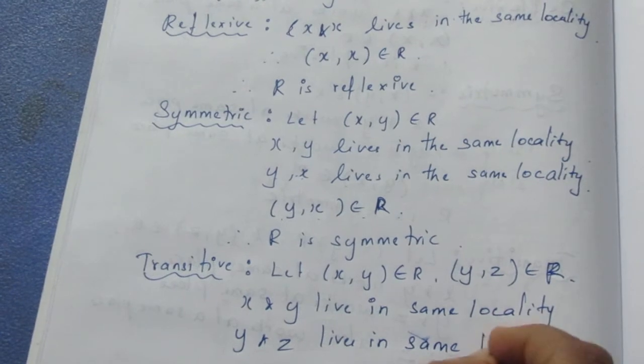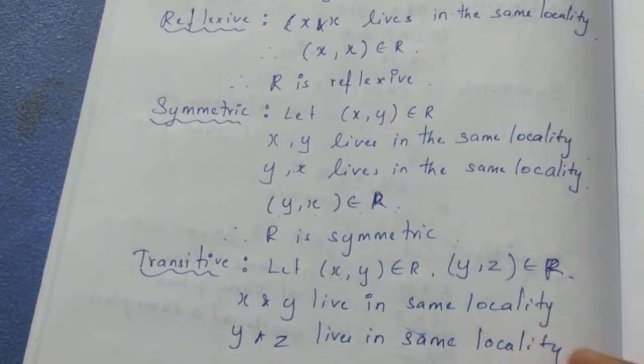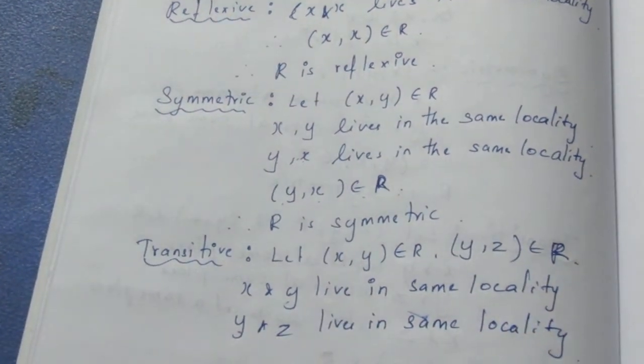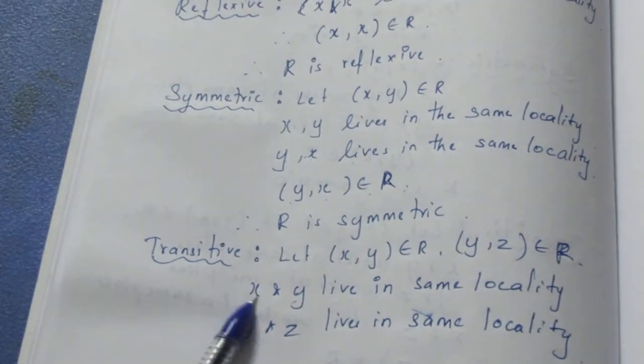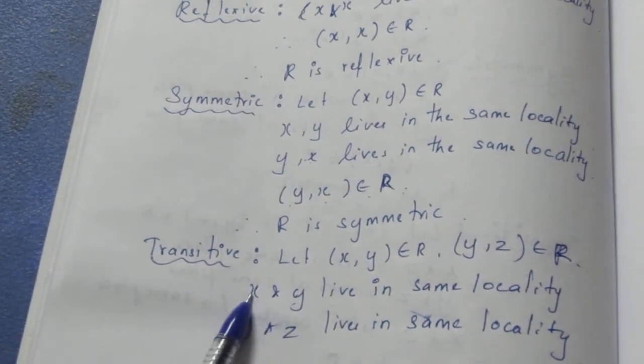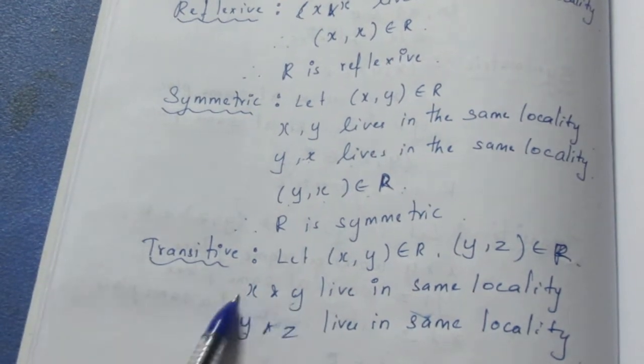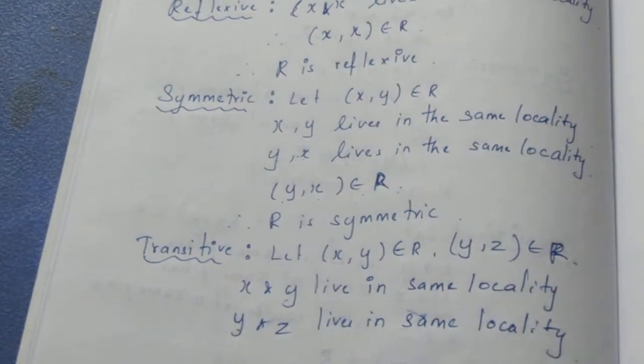That means all three live in the same locality because here y is common. So where x lives, y lives; where y lives, z lives. So all three live in the same locality.